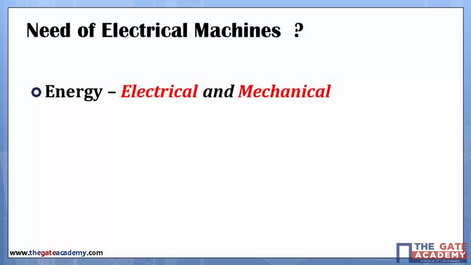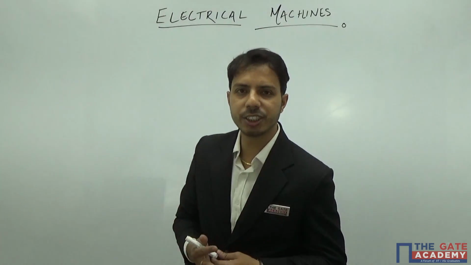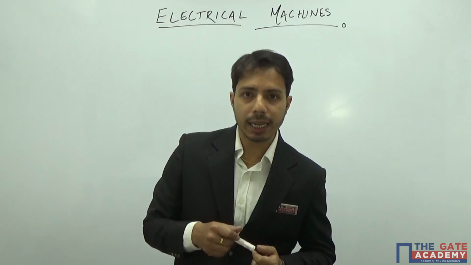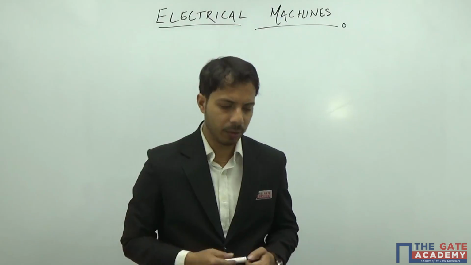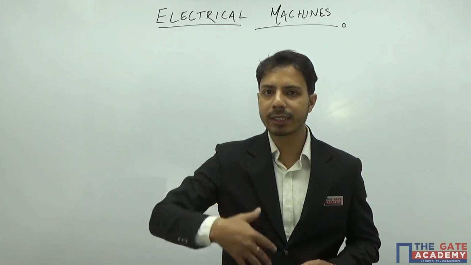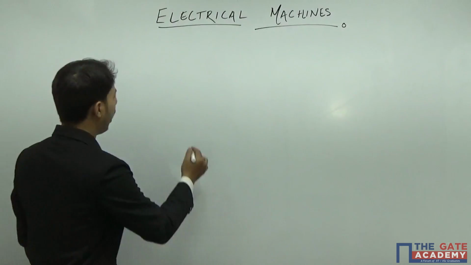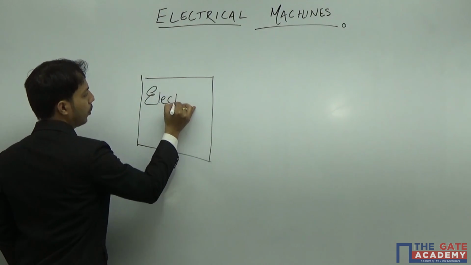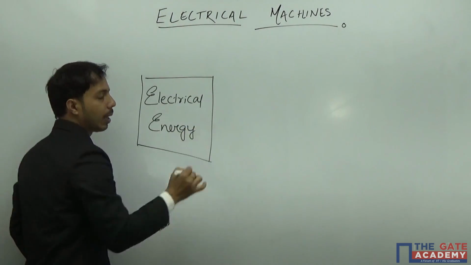So let's see what the need of electrical machines is first. Human beings need power or energy to survive. Now there are different forms of energy, for example, electrical energy, heat energy, mechanical energy, etc. For electrical engineers, the energies we are concerned about in electrical machines are electrical energy and mechanical energy.